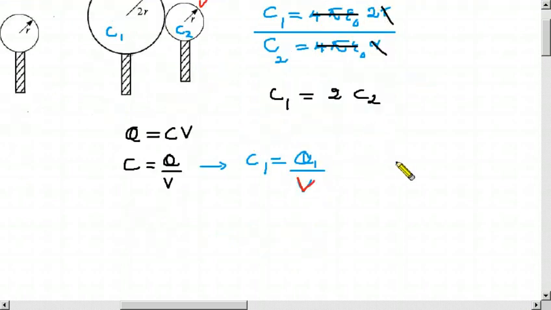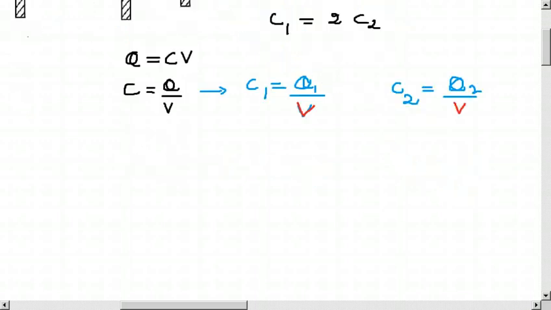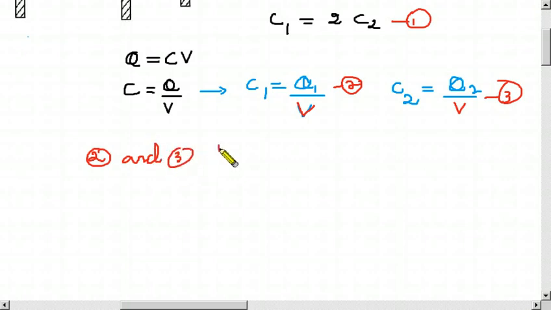Then we write the equation for the smaller one. C2 equals Q2 divided by the same V. So we can now substitute these into the first one.